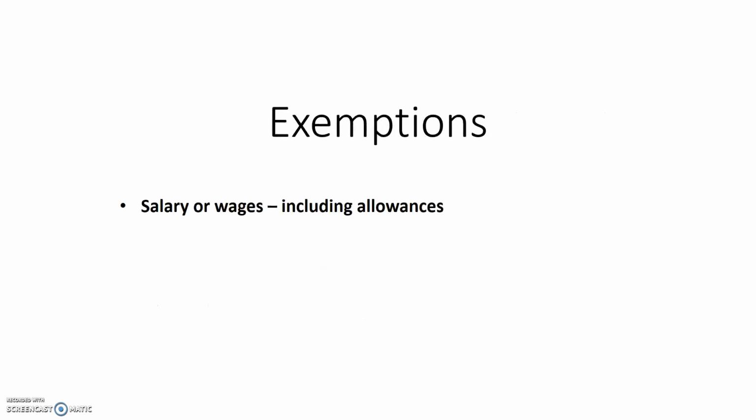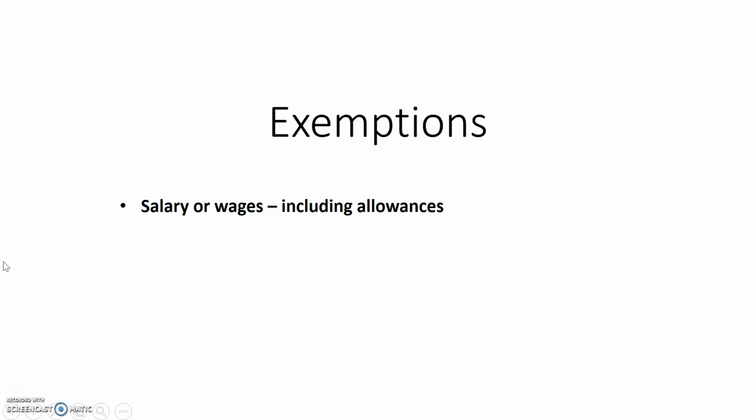So exemptions for FBT, the simplest one is salary or wages, which includes allowances. These are covered under income tax legislation, and so you include these on your personal income tax return. Now, allowances can be a little bit confusing.